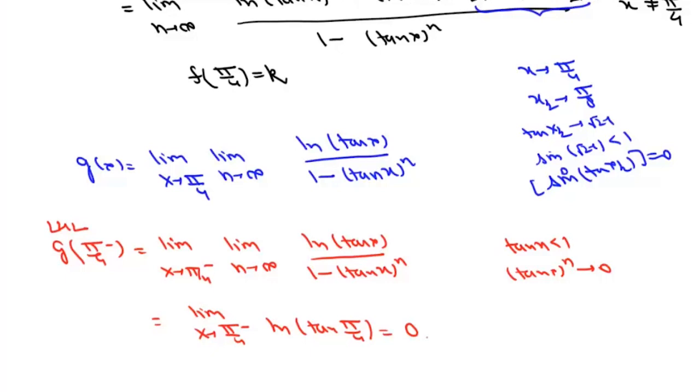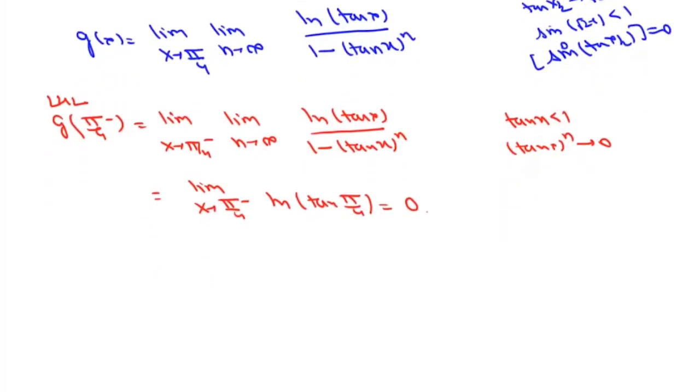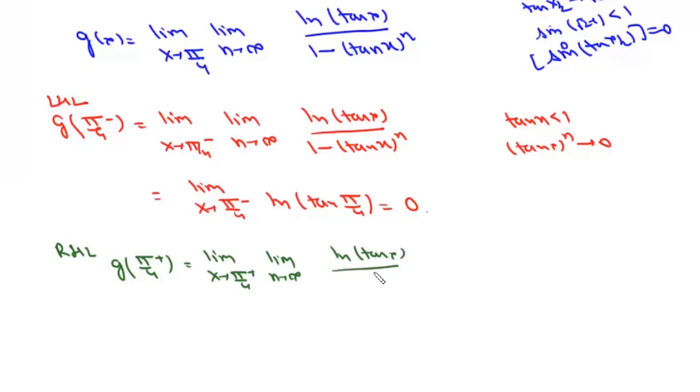And if we look at right hand limit at pi by 4, right hand limit will be g(pi/4 positive), and it will be this limit x tends to pi by 4 positive, limit n tends to infinity, log tan x upon 1 minus (tan x) to the power n.